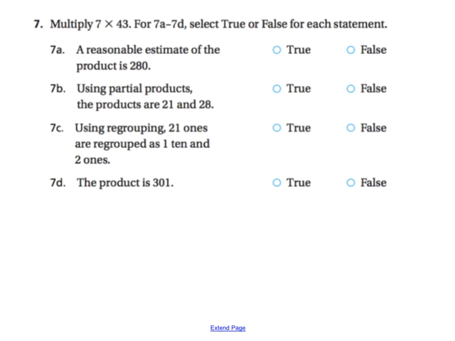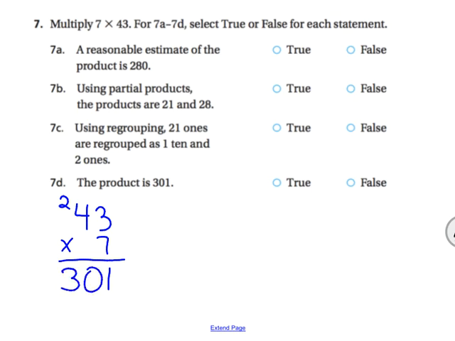I'll do it traditional, and I'll do the area model. So 43 times 7. 7 times 3 is 21. 7 times 4 is 28. Plus 2, 29, 30. So I have 301.